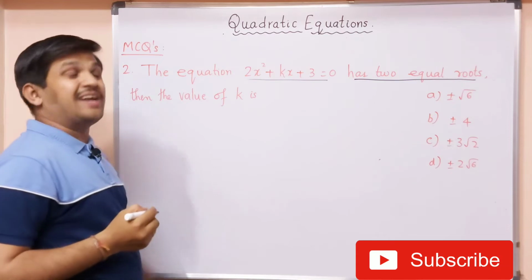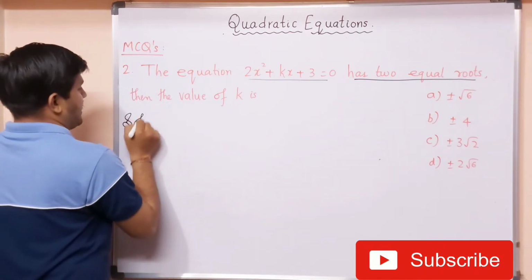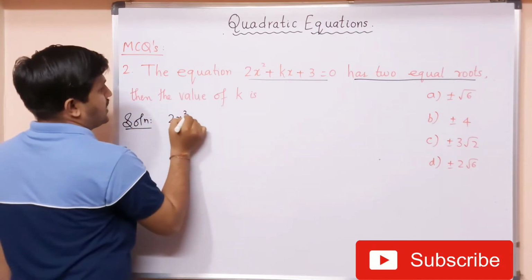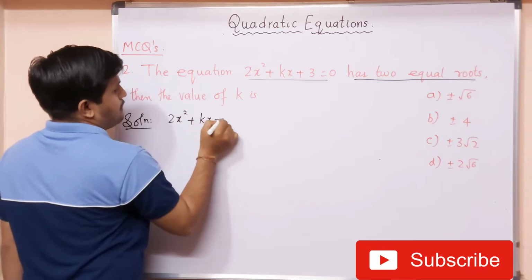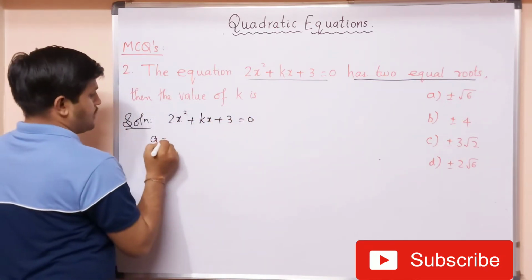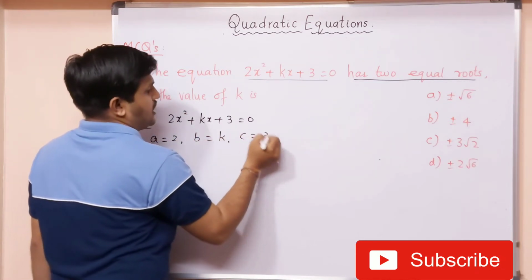Now you have to look at the nature of the roots. When it has two equal roots, first let us write the quadratic equation: 2x square plus kx plus 3 is equal to 0. Quickly, a is 2, b is equal to k and c is equal to 3.